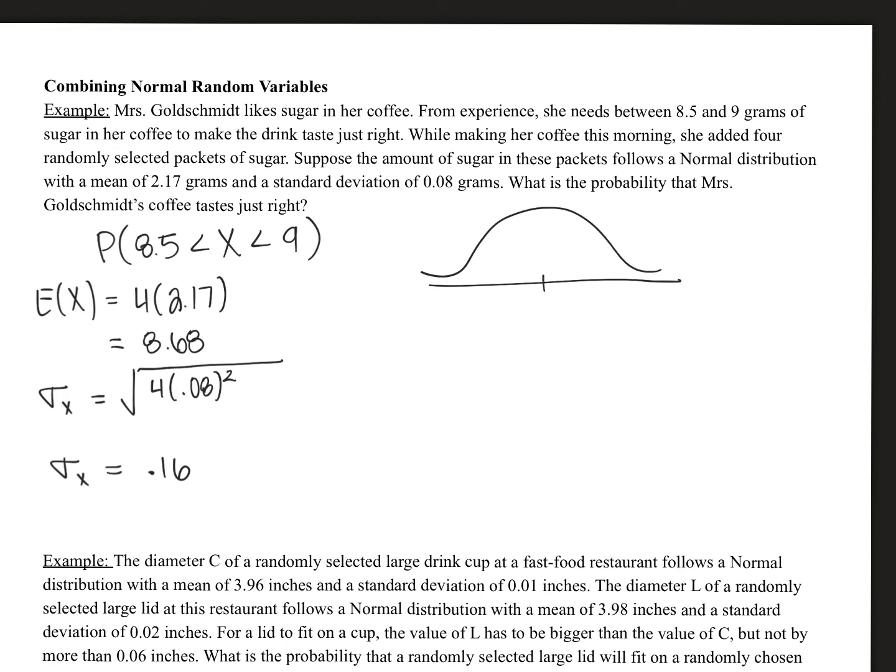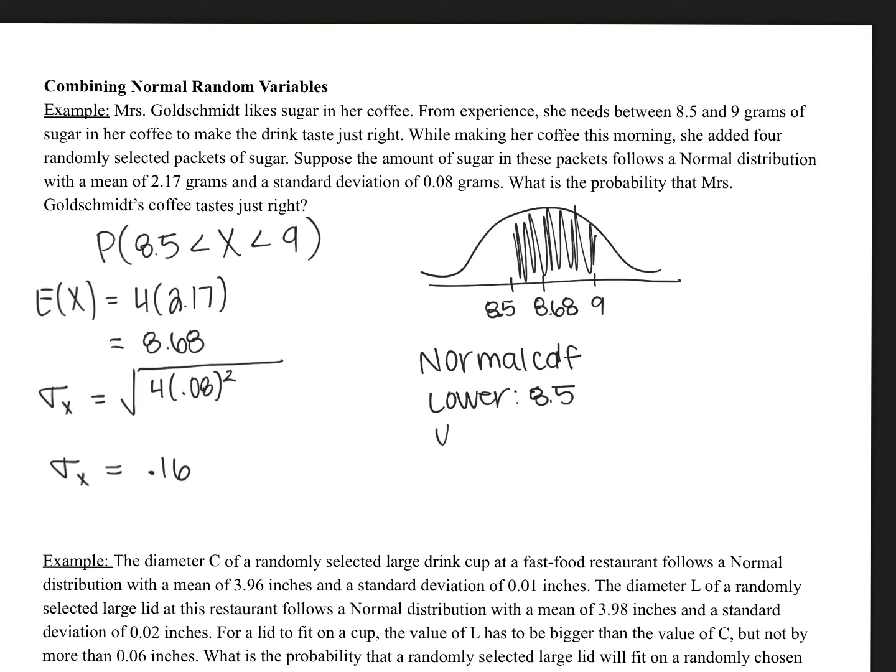So now we have our new mean, 8.68, and we're looking to be between 8.5 and 9. So we're going to use normal CDF. We're going to have a lower value of 8.5, an upper of 9, our mean of 8.68, and our standard deviation of 0.16.